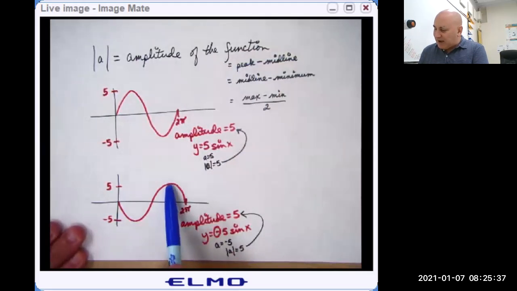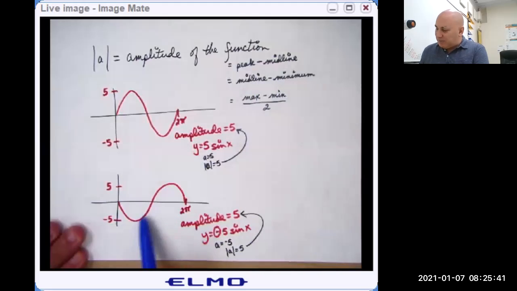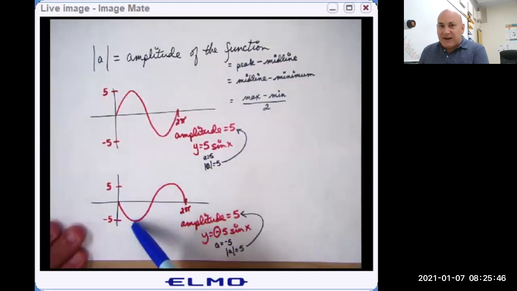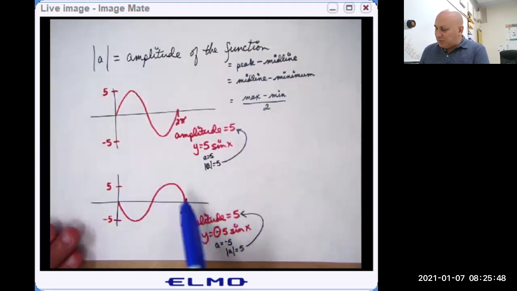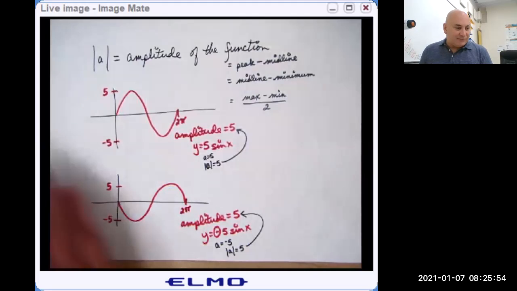Still, the peak is 5, the midline is 0, the minimum is negative 5. And still, 5 minus negative 5 is 10. So no matter what, the amplitude of this function is 5, not negative 5.